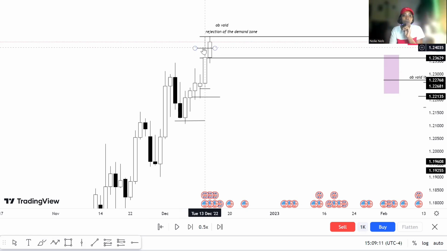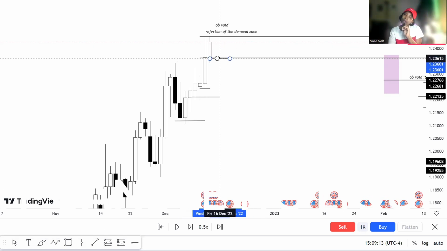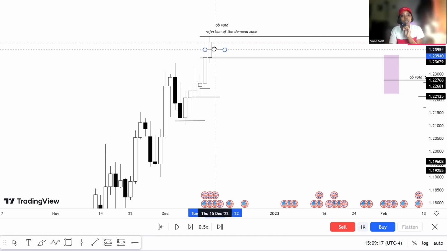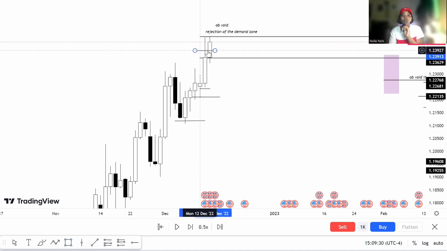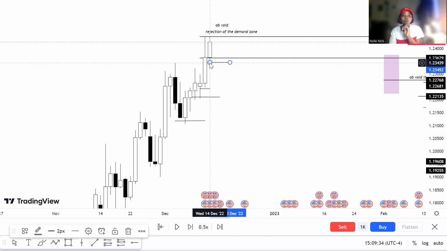If you remember what I said in the last video, I told you that every candle is liquidity. So there is liquidity here. If we were to have another retracement on that candle, we wouldn't be shocked. But this one right here is no longer valid because it's just been used. So we are seeing liquidity below that candle, and the half of that candle would be liquidity.